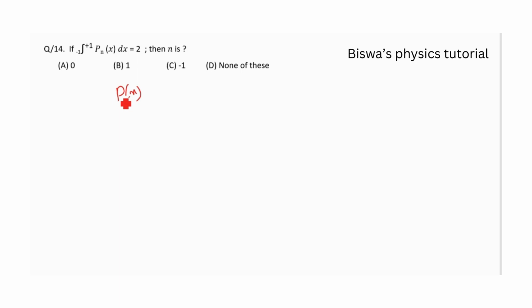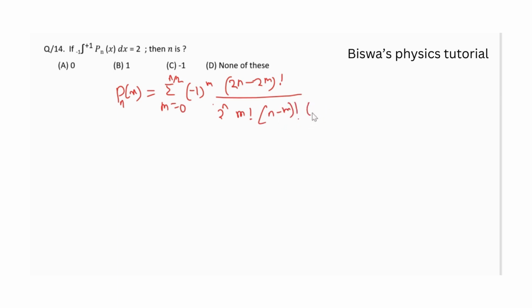Pn(x) is the summation from m equal to 0 to n by 2, of minus 1 to the power m, (2n minus 2m) factorial, divided by 2 to the power n into m factorial into (n minus m) factorial into (n minus 2m) factorial, into x to the power n minus 2m.